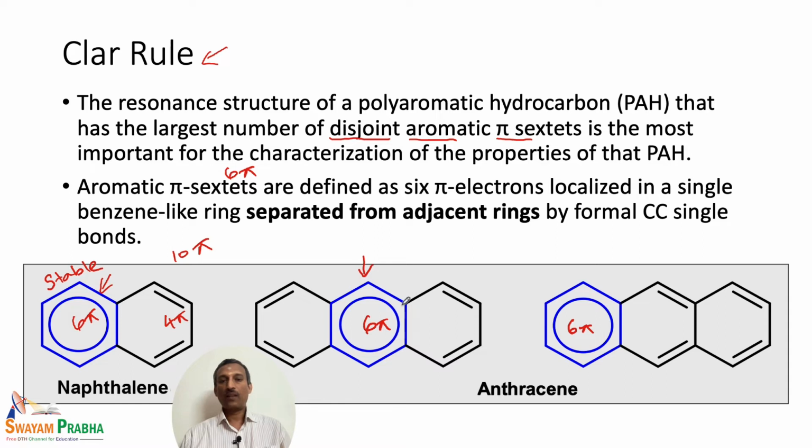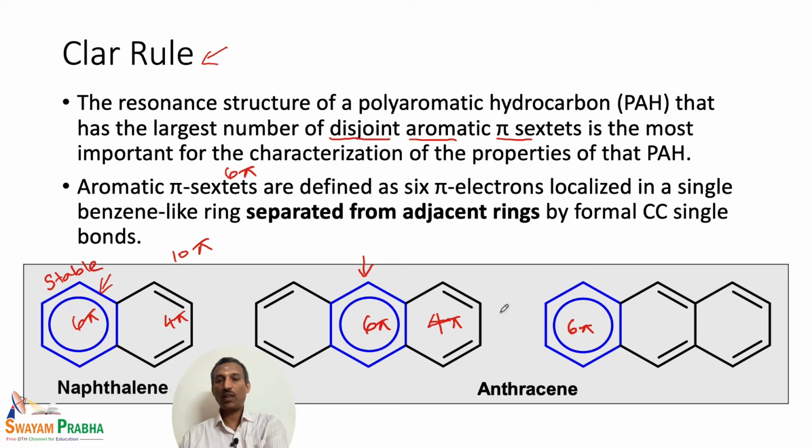When we draw the Clar structure for higher polyaromatic hydrocarbons, each 6 pi electron ring has to be separated by one ring which does not have 6 pi electrons. In this case, we have only 4 pi electrons in this ring, so the next ring can come here with the 6 pi electrons. These are called the Clar structures.